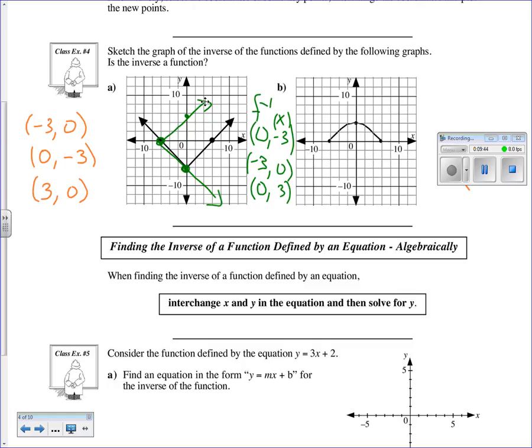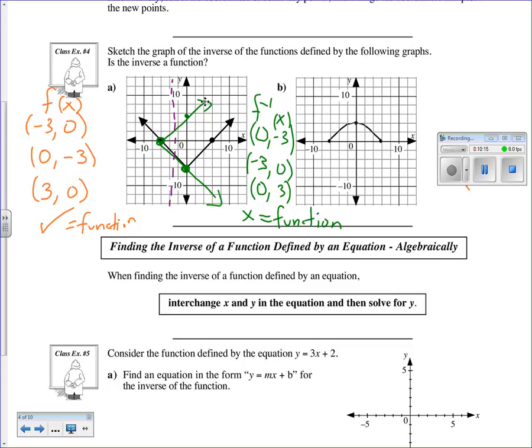And the red data corresponds to my f of x. Now the original graph was a function, yes, but the inverse graph is not a function because the vertical line test actually fails. If you were to take a vertical line through those points, the vertical line test fails.